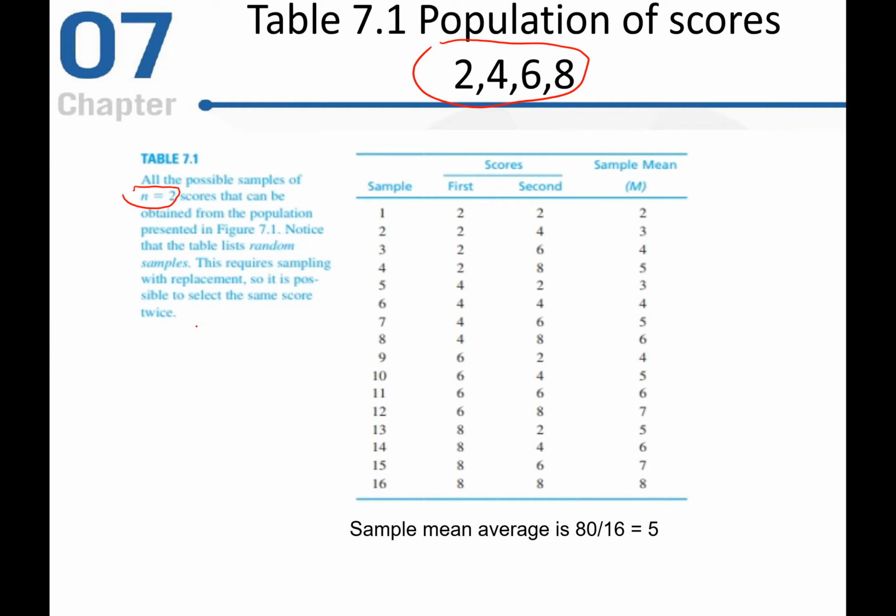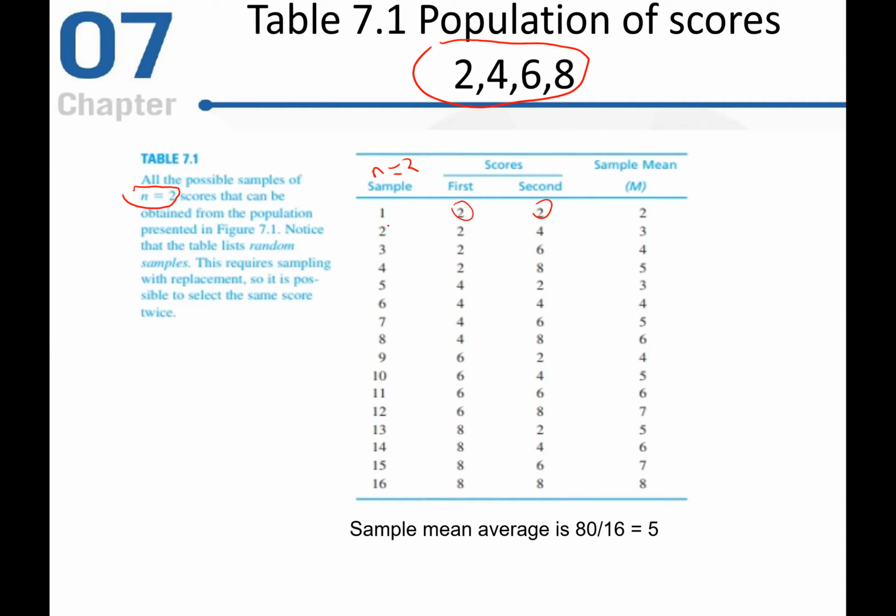So if we took a sample with a sample size of 2, N equals 2, in our first sample, let's say we grabbed the scores from a bag or from a hat. The first score is 2, the second score is 2. Then because we're doing sampling with replacement, we put those back.